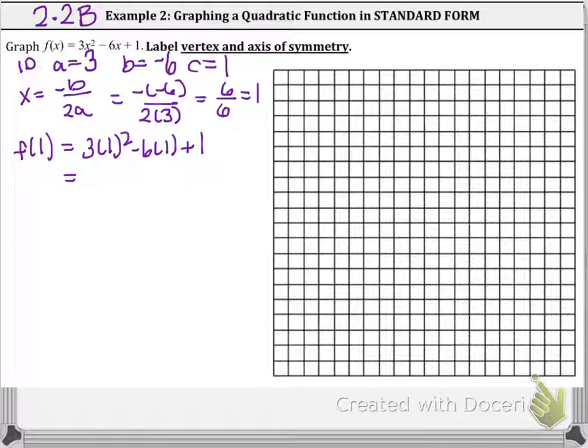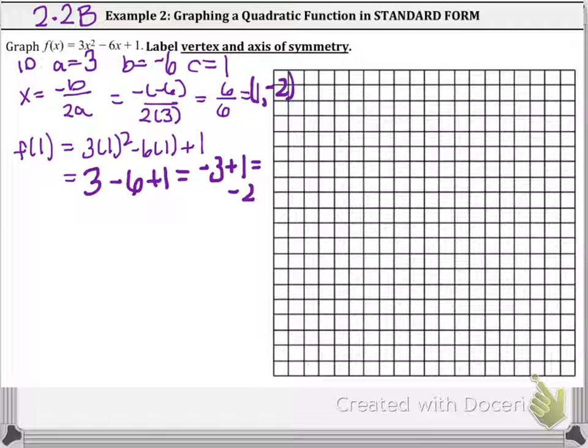So 3 times 1 squared is 3 times 1, which is 3, and then subtracted by 6 plus 1. So it equals 3 minus 6 is negative 3, plus 1, or negative 2. So our vertex is at 1, negative 2.